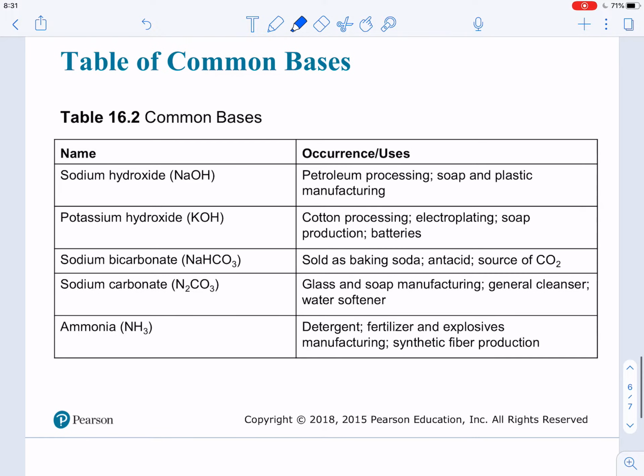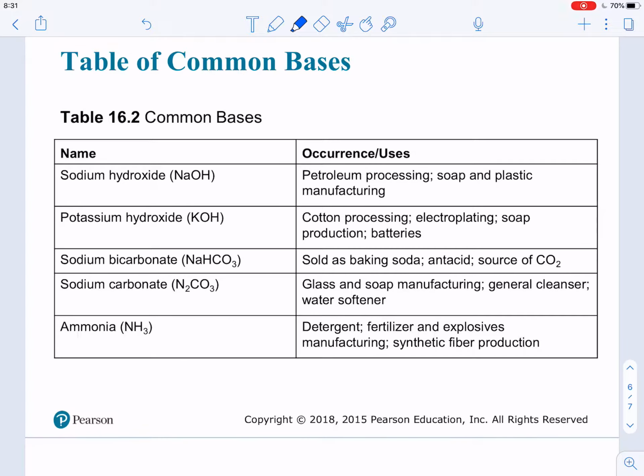Common bases: sodium hydroxide, potassium hydroxide, bicarbonate, carbonate, and ammonia. Those are very common. Ammonia, particularly in detergents and fertilizers and explosives, unfortunately. And ammonia has a particular smell, so sometimes you can open one of these products and you can smell ammonia, and then okay, this is a basic product.